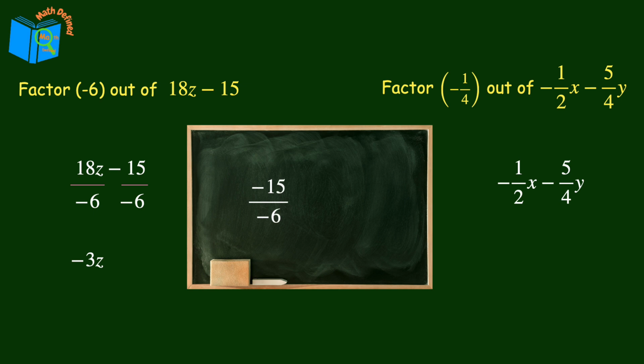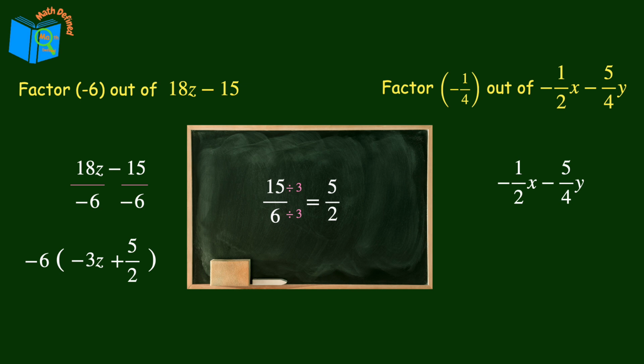And because both the numerator and the denominator are negative, this fraction becomes positive 15 over 6. Now we can reduce it by dividing both the numerator and the denominator by the shared factor of 3. And 15 divided by 3 is 5, and 6 divided by 3 is 2. So dividing negative 15 by negative 6 results in positive 5 over 2. Finally, we'll put these terms in parentheses with the factor we divided out, negative 6, on the outside.